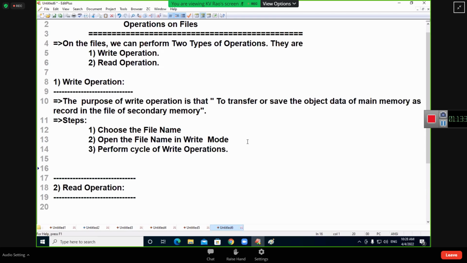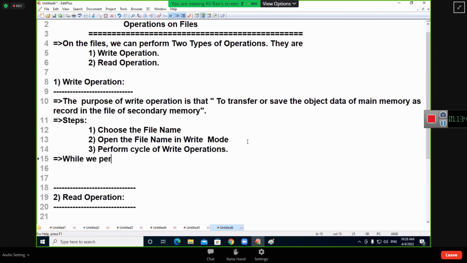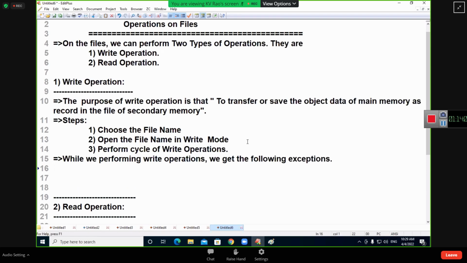Is it clear? Good. While we are performing write operations, we get the following exceptions. Exceptions will come. Already exception handling is over. I'm going to cover these exceptions in the class.